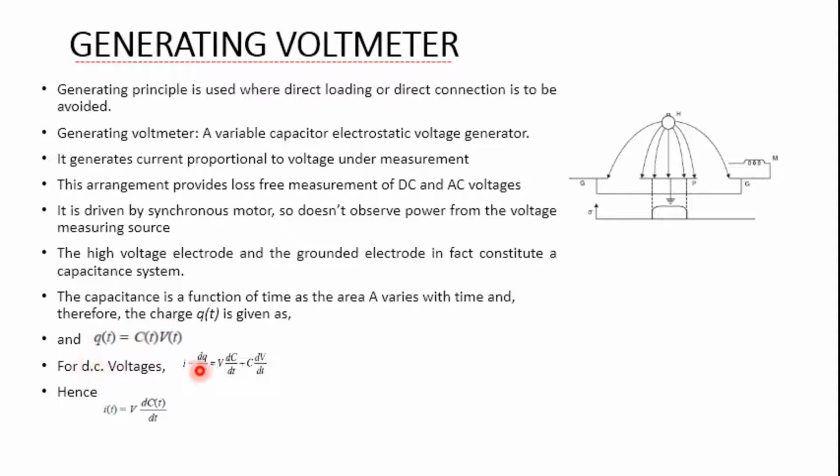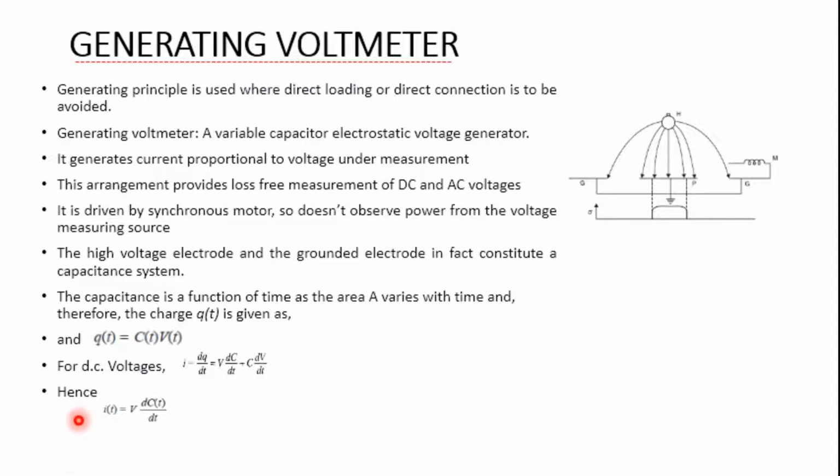So we can write I is equal to dq by dt. Differentiating the terms, I is equal to V into dC by dt plus C into dV by dt. For DC voltage, we know that dV by dt is equal to 0.